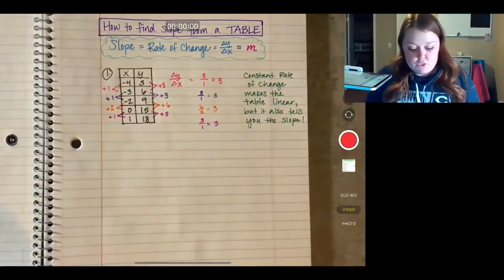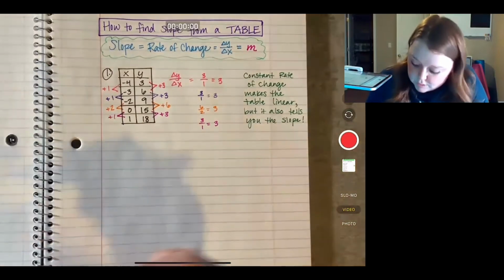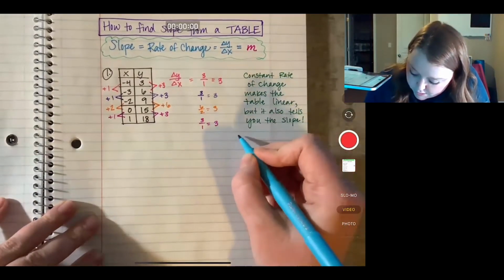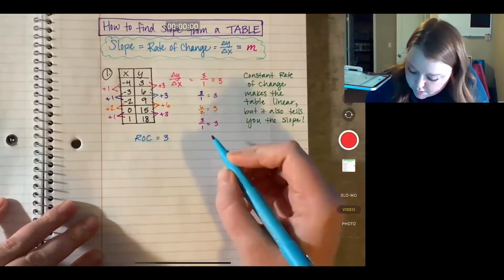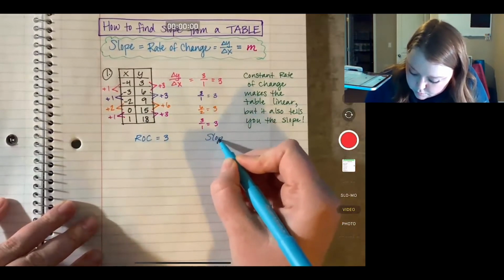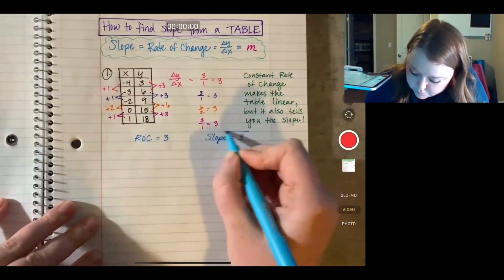Okay, so in this case, if my rate of change equals 3, then my slope equals 3.